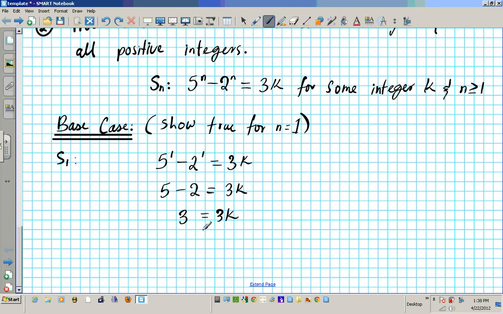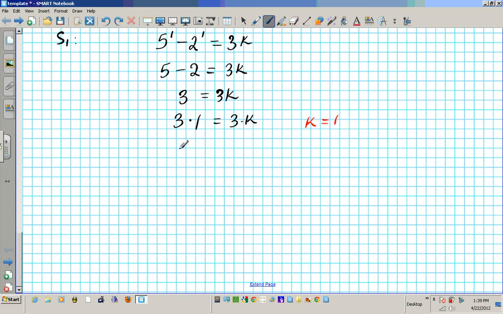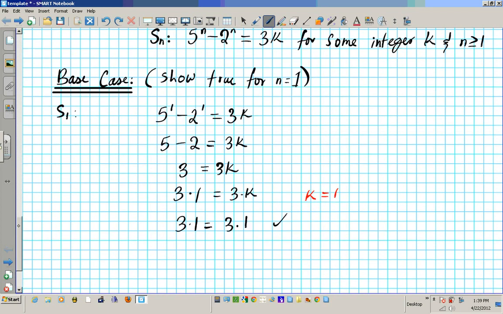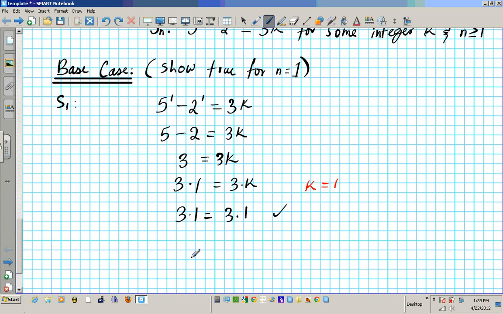If I divide both sides by 3, I'll see that k is 1. So I can write this as 3 times 1 equals 3 times k. So you can see here that k is 1, right? So I can rewrite this as 3 times 1 equals 3 times 1. That shows that my base case is true. We have a solid foundation. My base case is excellent.